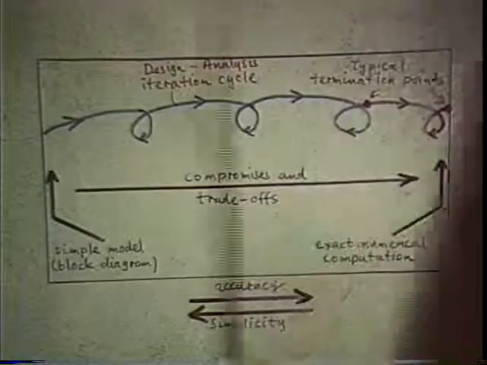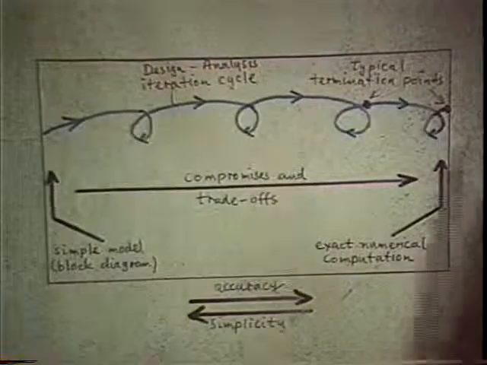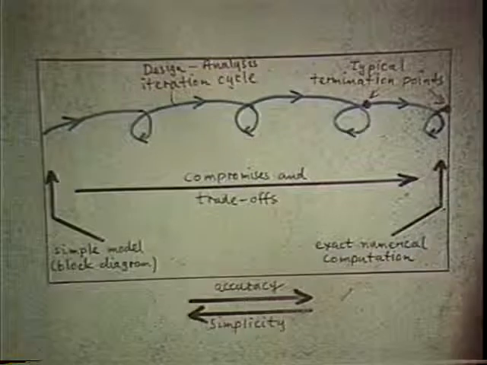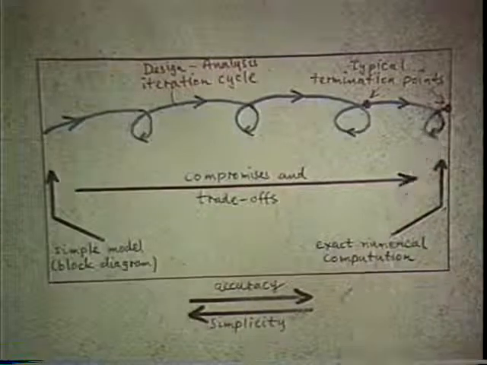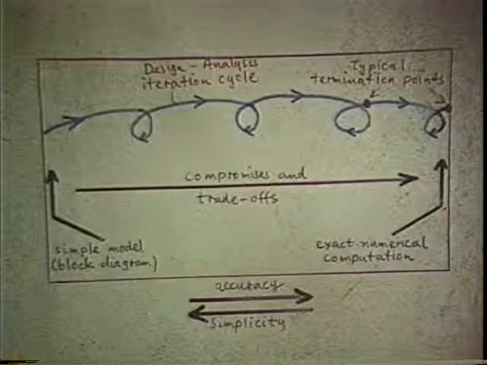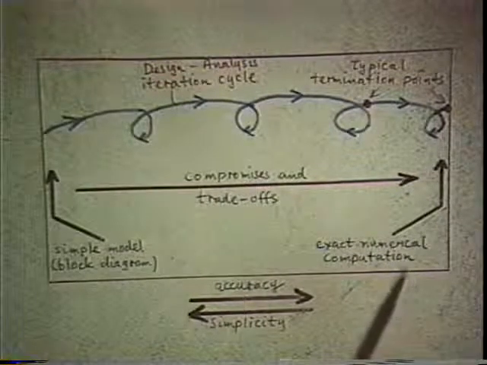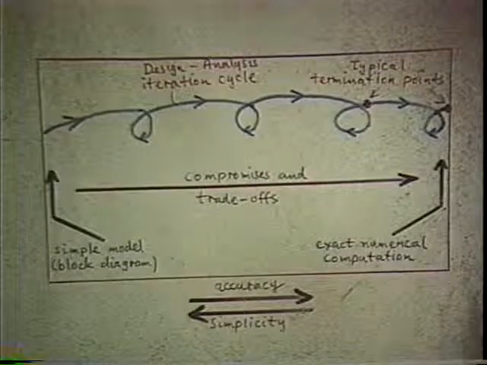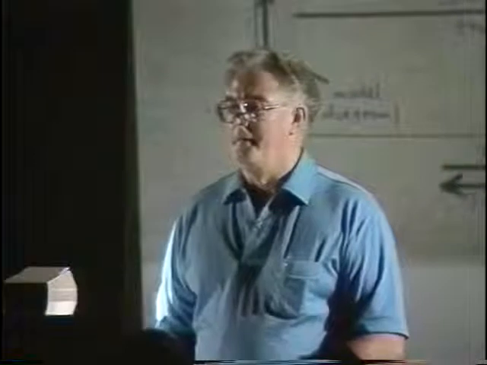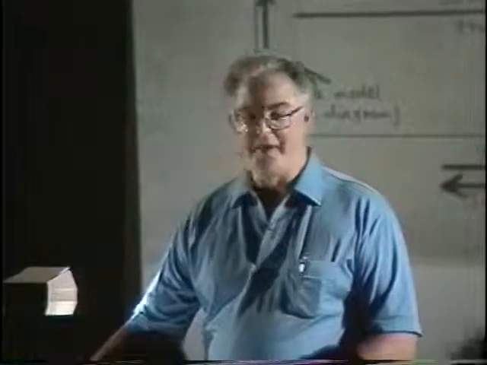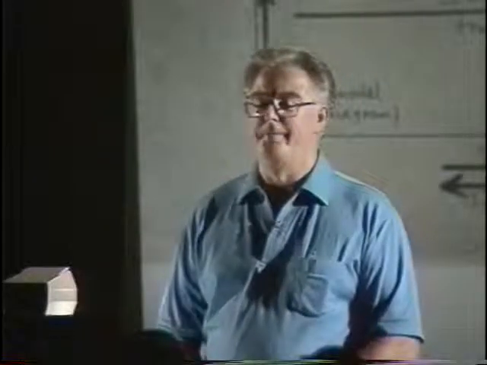And the next important checkpoint is, where do you terminate this process? You'll never get all the way to the right-hand end, because that's really only an asymptotic limit. Because you're never going to get 100% accuracy without having infinite complexity, even if that were possible. So you're going to terminate this process somewhere short of that ultimate limit.